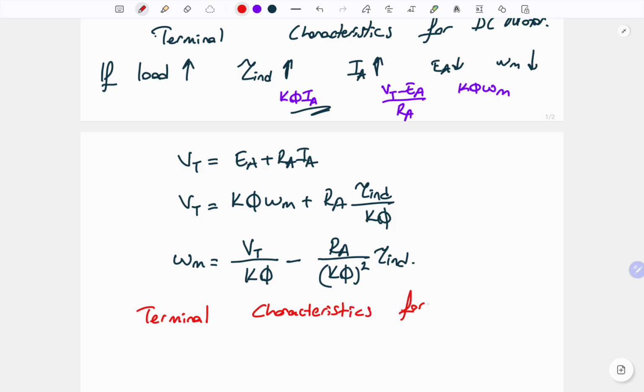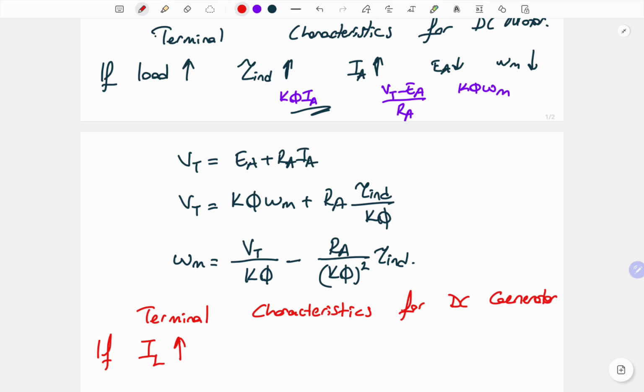So for DC generator, again, the relations must start with the output load increment. So if we increase the load, the related parameter should be the output load current, line current, which is flowing through the terminal point, must increase. So we will increase the load current step by step.